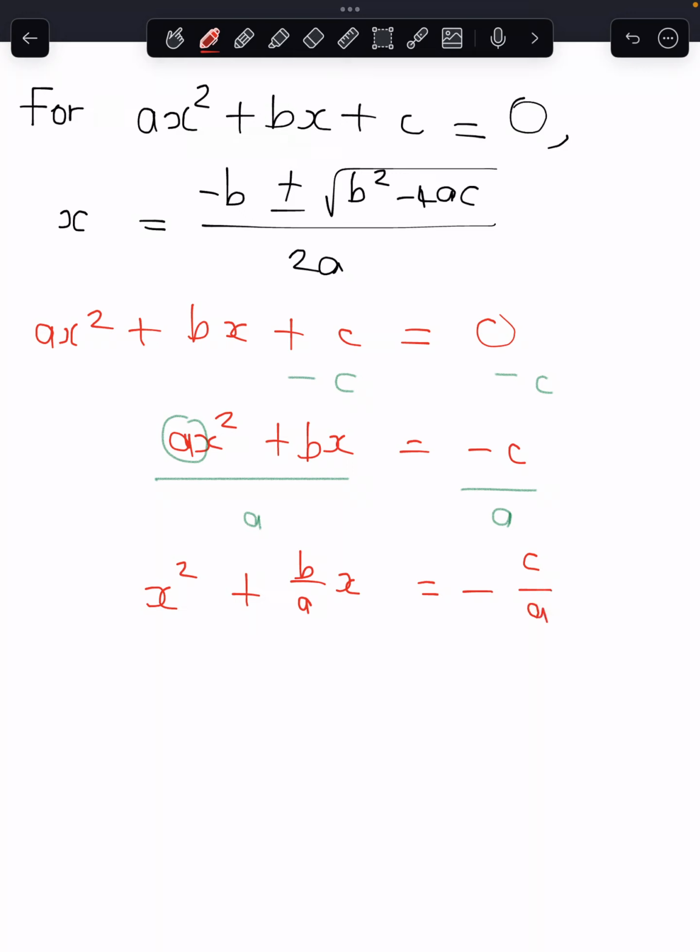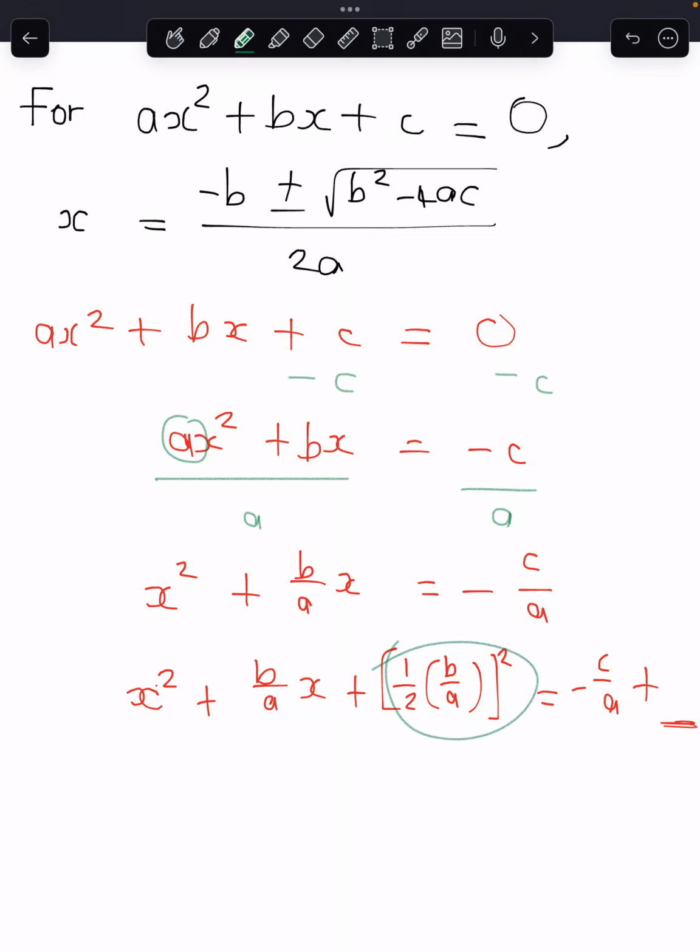Okay, then we get to the part where we have to add some constant that will make this a perfect square. And we know that that constant is half of b over a, squared. Okay, and we need to add the same thing on this side. So I'm just going to quickly work out what this is.